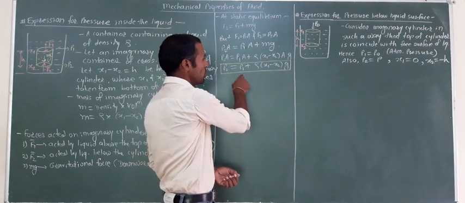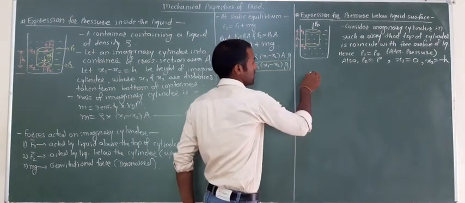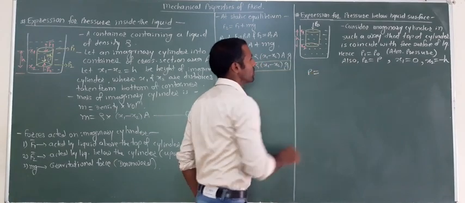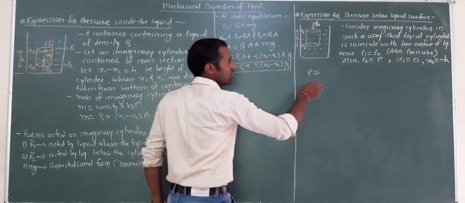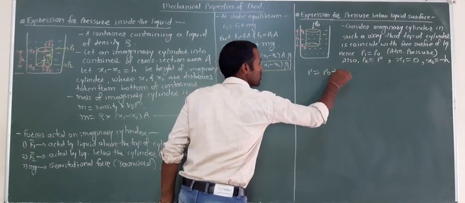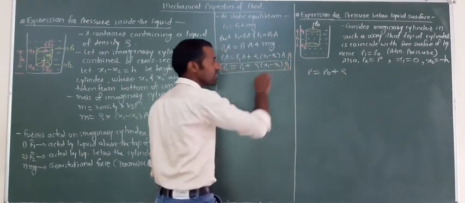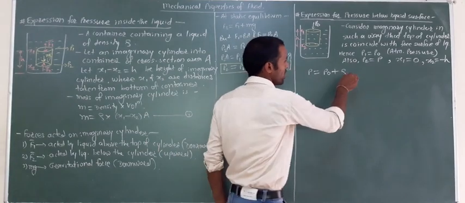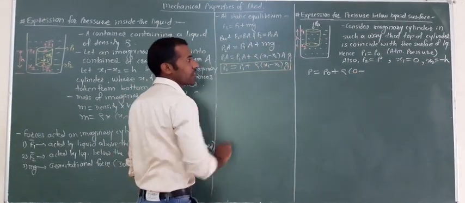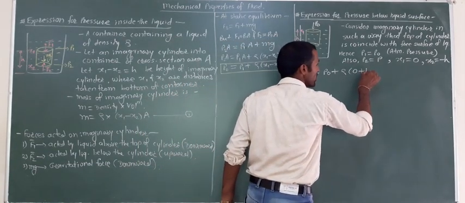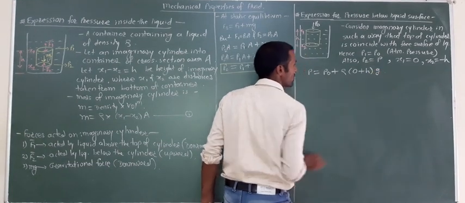Substitute all these values into this equation, so we get P is equal to, instead of P2, P; instead of P1, atmospheric pressure P0, plus rho remains as it is, rho is density, x1 as 0 minus x2 as minus h, so it becomes plus h, and finally acceleration due to gravity is as it is.